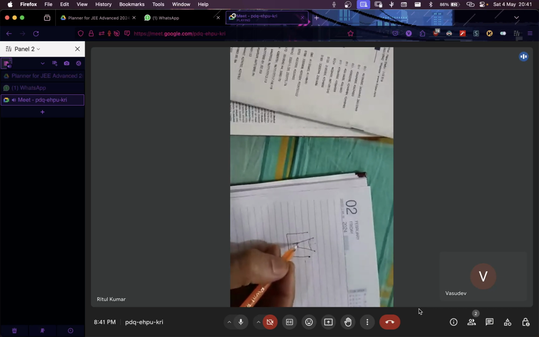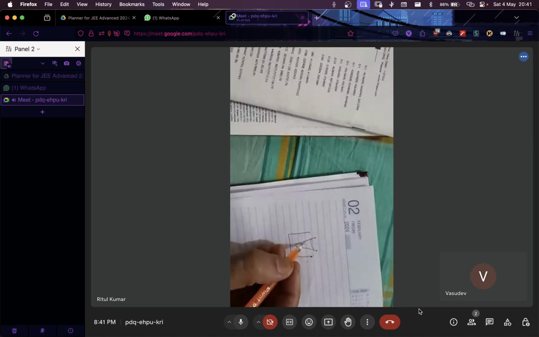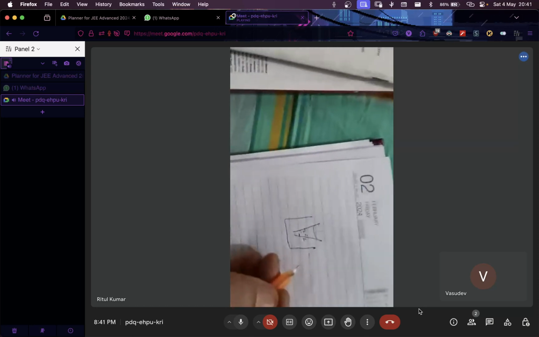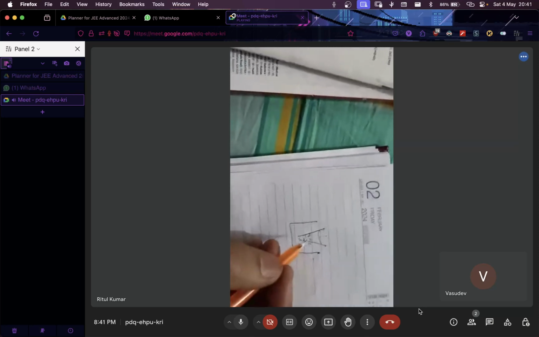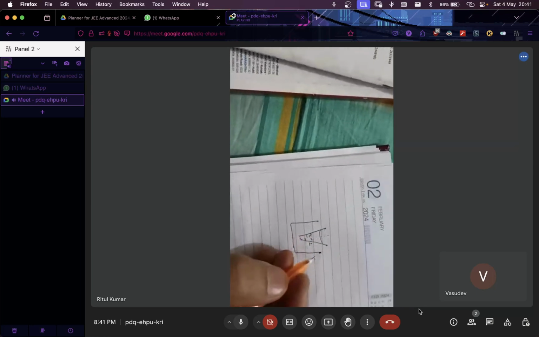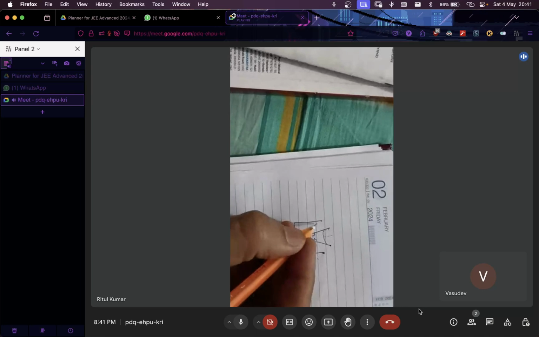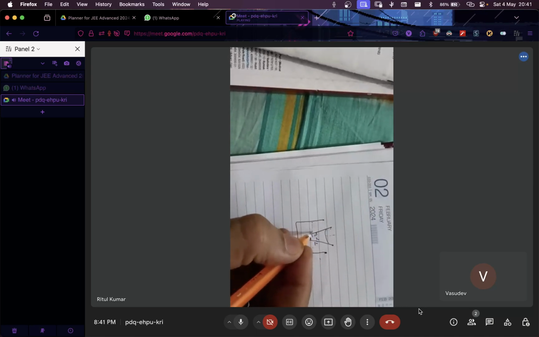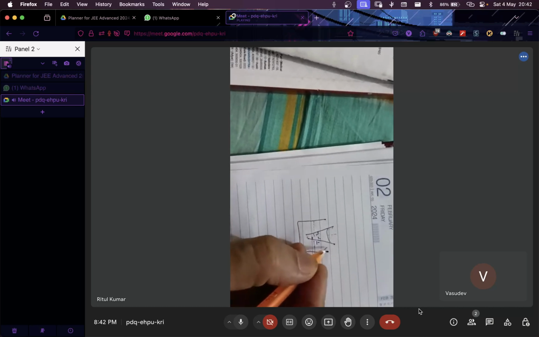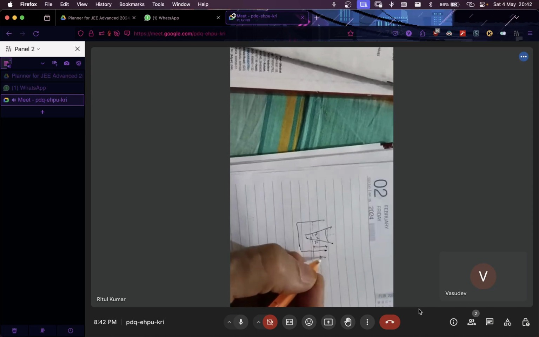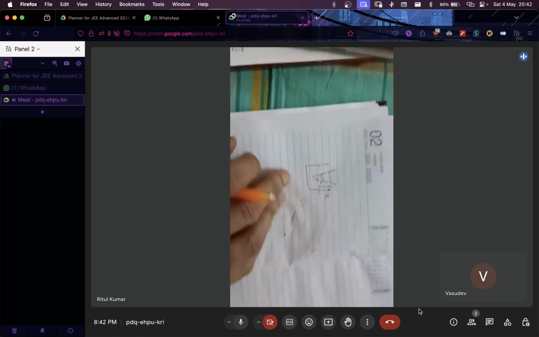I'm marking differently here, alpha by 2 for this and alpha by 2 for this. I hope it is visible. Yes, it is. Height being known to us, let's say this being the case to this point. So you have to get H over here, or S, or a relation between H and S.